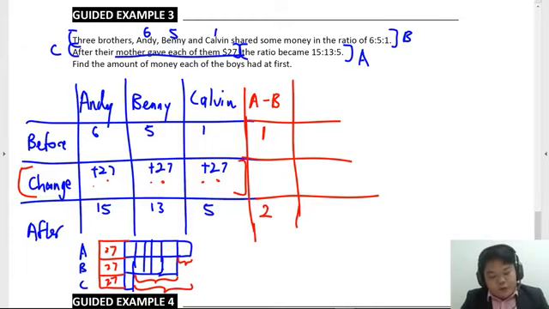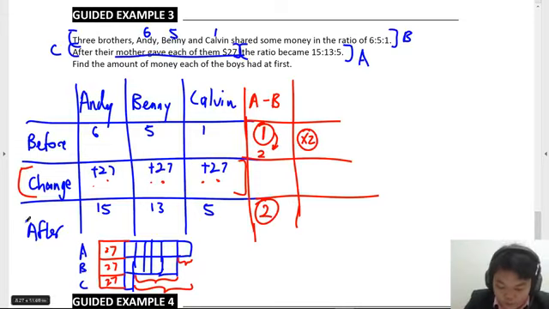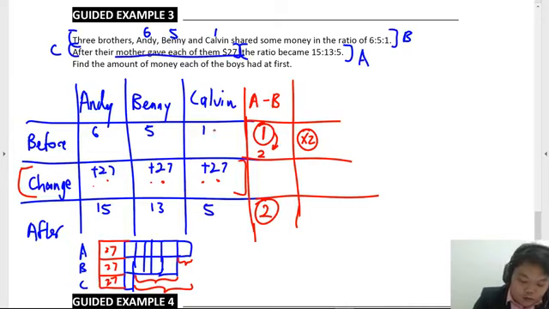So what can we say about this? We can say that these two are equal. We want to make them the same. Between 1 and 2, the lowest common multiple is 2. To get this to 2, this entire row needs to be multiplied by 2. So let's do that.